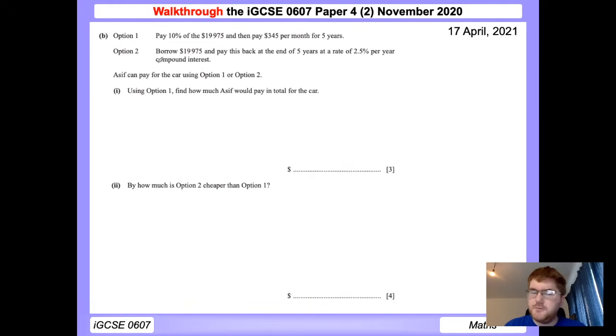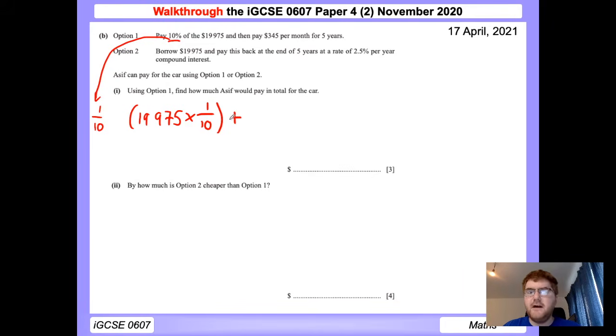So we're going to work out option 1. Well, the first thing to notice here is that paying 10% of that $19,975, well, 10% is essentially the same as saying 1 over 10. So what we can do to work out the total amount here is we take the 19,975, we multiply that by 1 over 10, that's essentially the deposit, and then we're going to add on the extra that he pays over the 5 years.